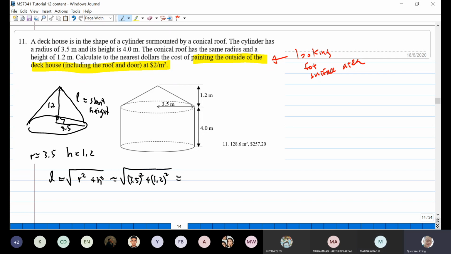So calculate this: 3.5 squared plus 1.2 squared, then take the square root of this answer. You get 3.7. Okay, 3.7 meters.